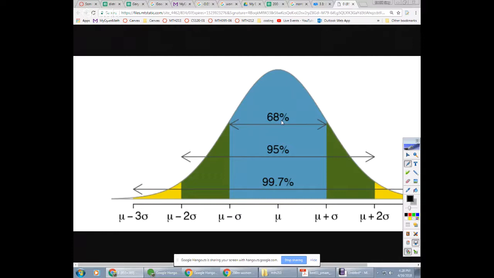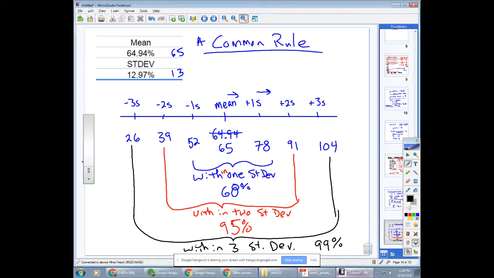Okay. So did I have about 68? I had 71. Did I have 99.7 within 3 standard deviations? I had 98.8. Okay, so here I was a little high, here I'm a little low. We can check the middle number to see what that looks like with this data set. So for our middle number, that would be between 39 and 91.